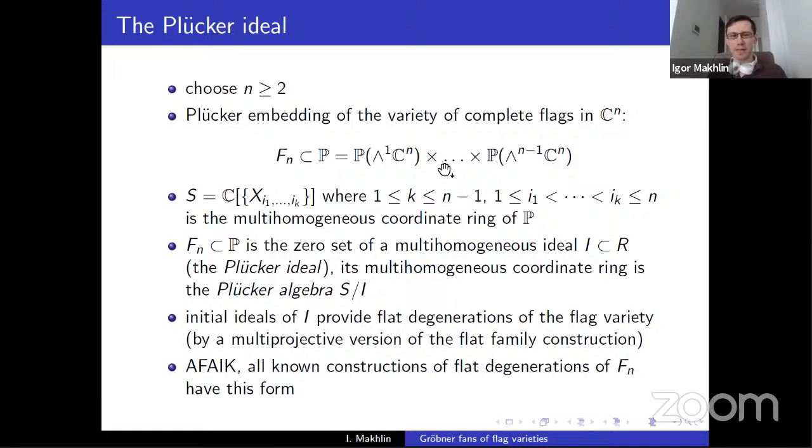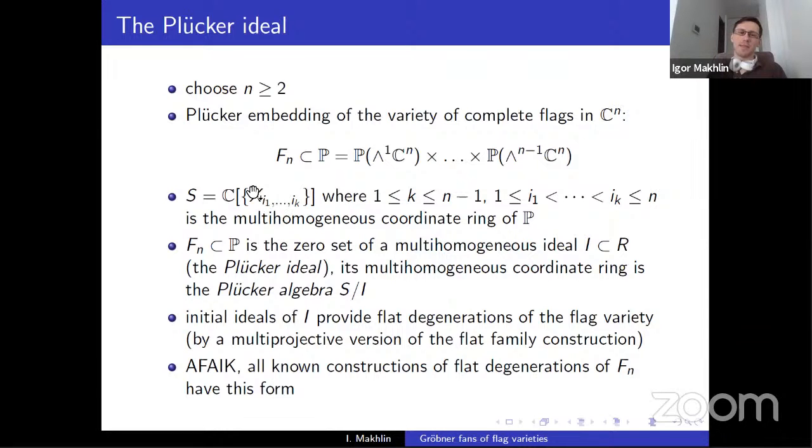So that's the Plücker embedding. This is a multi-projective realization of the flag variety, meaning that P is a multi-projective space, so its subvarieties are given by a multi-homogeneous coordinate ring, which is a polynomial ring.